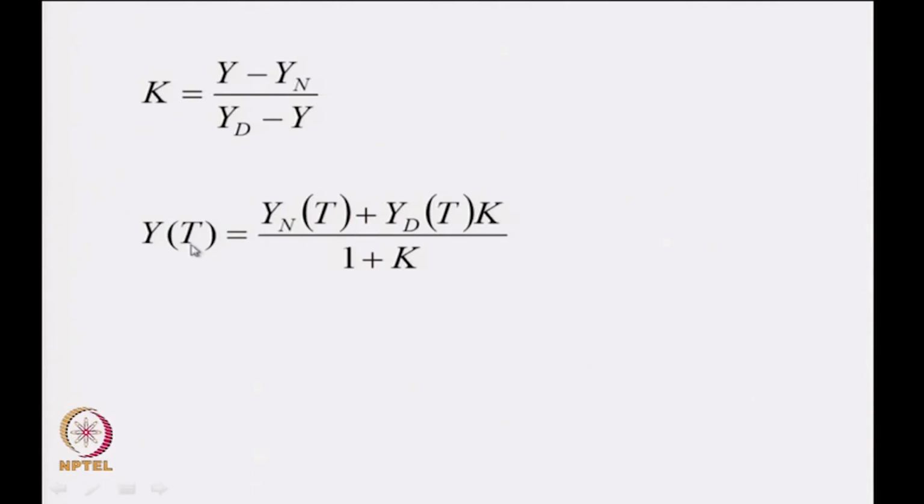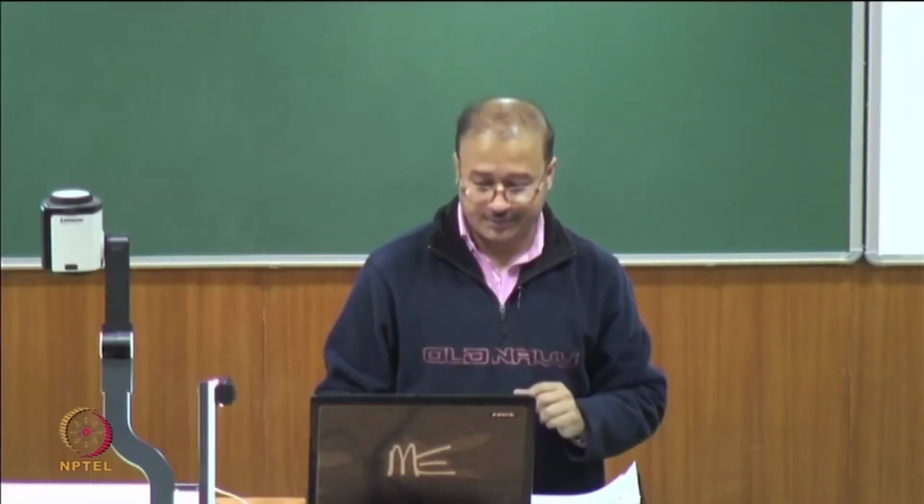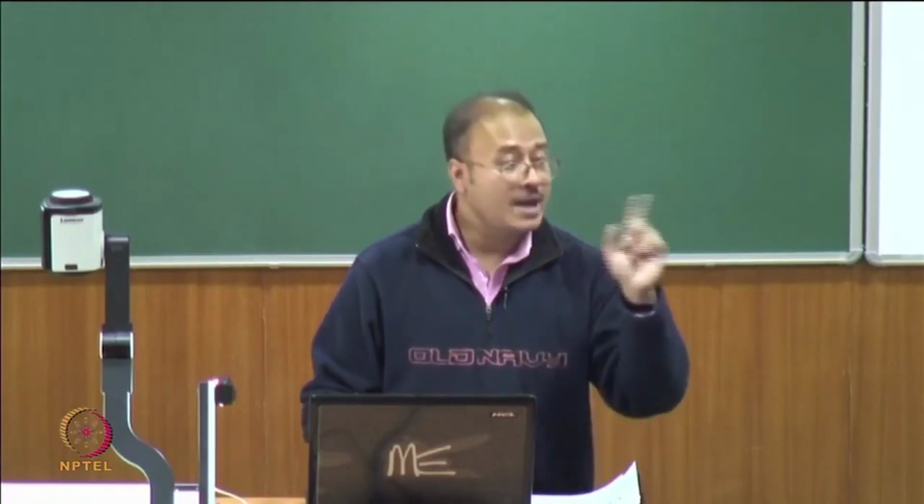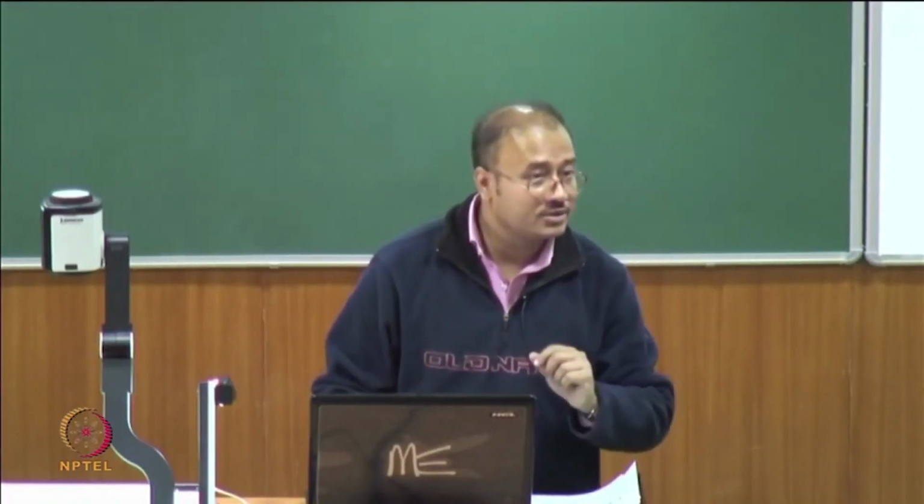So, you have y of T is equal to y n of T plus y d of T times k over 1 plus k. You know what the expression for y n of T is, right? It was m n T plus b n. There are two parameters, right? Now, look at y d. What do you have? m d T plus b d, again you have two parameters, right?